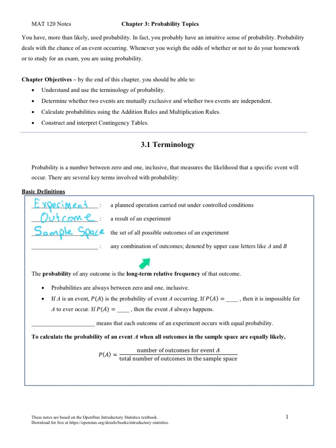And any combination of outcomes that we usually refer to with a capital letter, like A or B, we call an event. Remember that probability is the long-term relative frequency of that outcome. It's always between 0 and 1, inclusive, meaning including 0 and 1. A is an event.